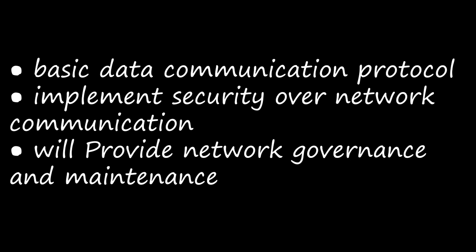The next point is providing network governance and maintenance, which includes ICMP and SNMP, right? Here the broad types of network protocols include these three points: basic data communication protocol, which consists of HTTP and TCP/IP; the next one is implementing security over the network communication; and the next one is providing network governance and maintenance, right?